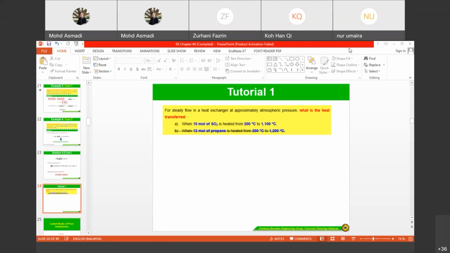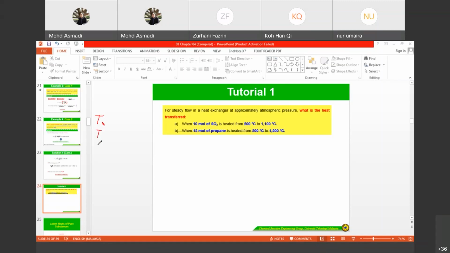If you look at here, first you have to identify the initial temperature and the initial pressure, T naught, T. And what else?